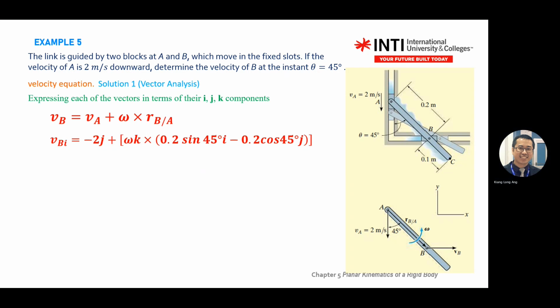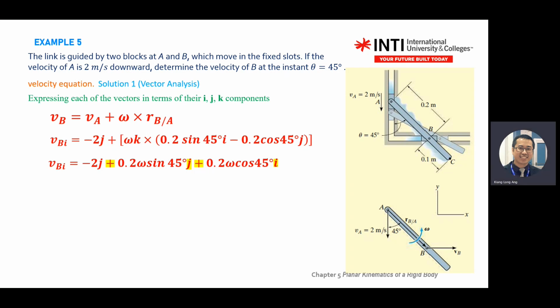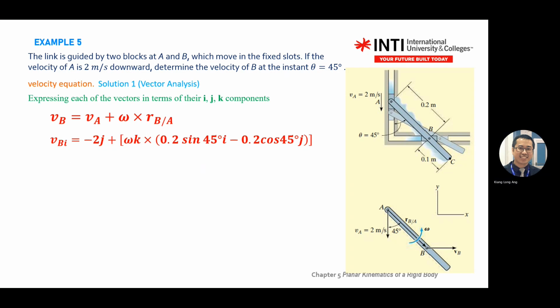Is it sine 45? This one is cos 45. Nico, improve on your trigonometry. You're quite weak in this one, especially your test one. So VB, you continue with the rest of the calculation.